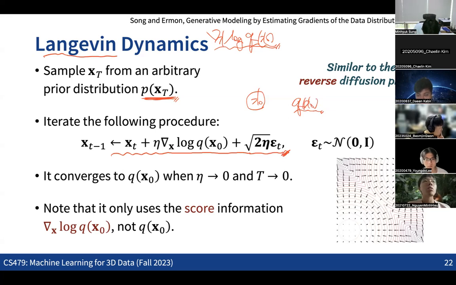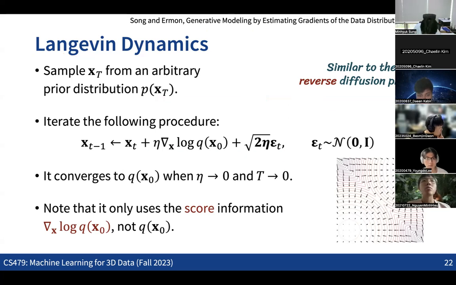So you can see that we are only using the gradient of the log likelihood, starting from a prior distribution and repeating this process multiple times, and at the end the samples become samples of the original data distribution.